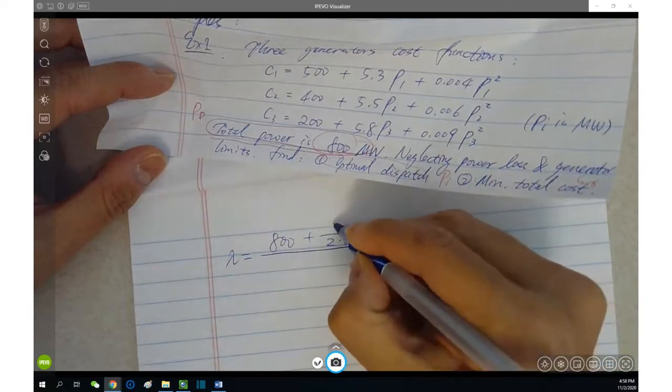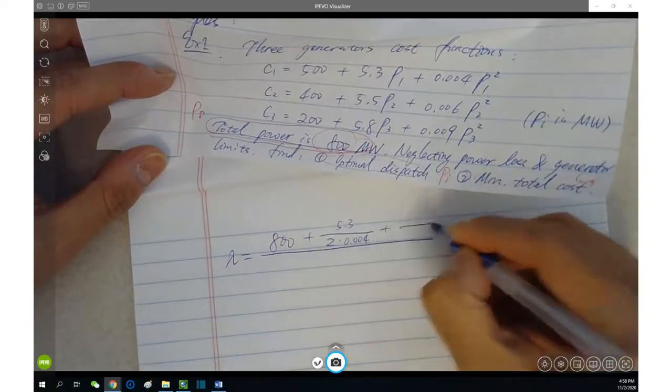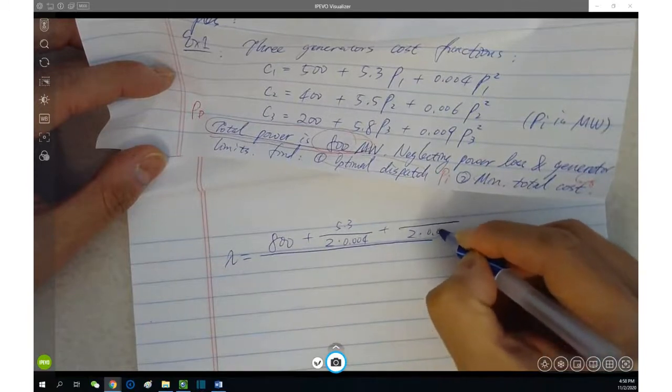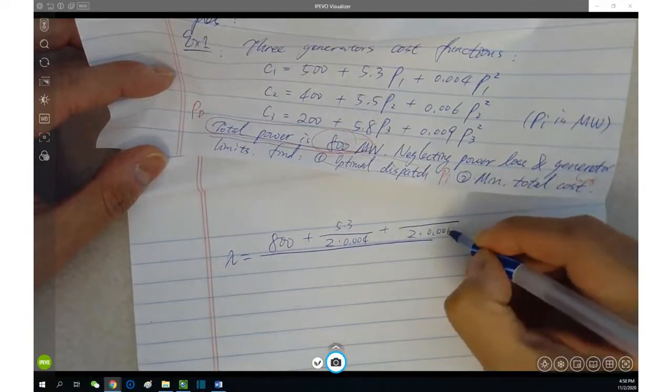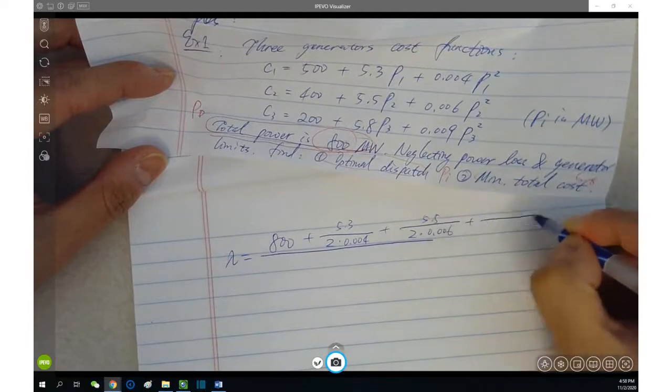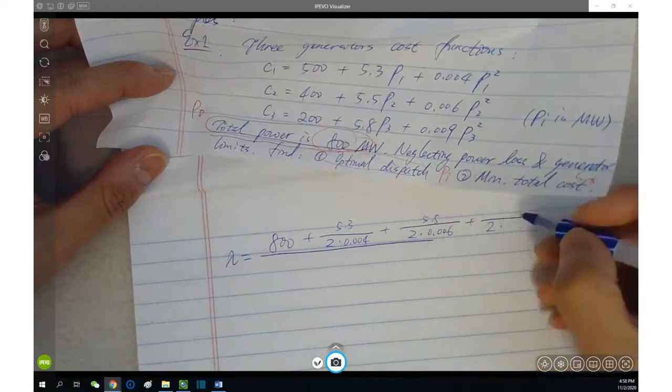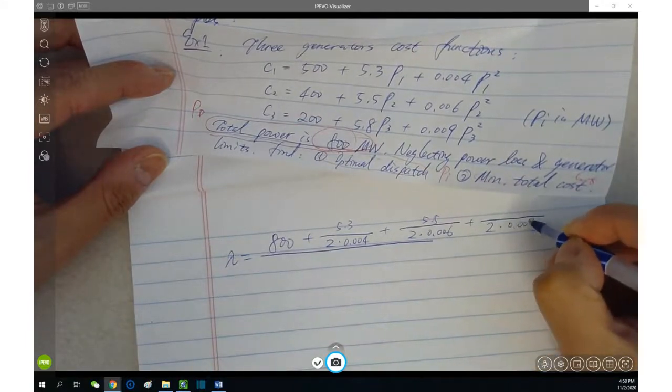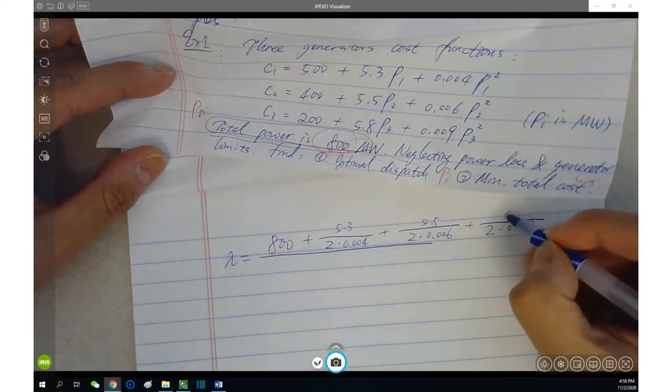Numerator is 5.3 plus 2 times 0.006. 5.5 is numerator. 2 times 0.09. 5.8.